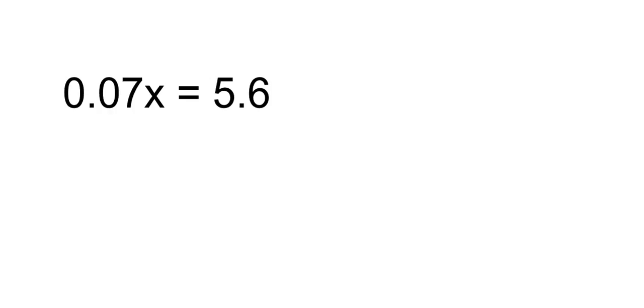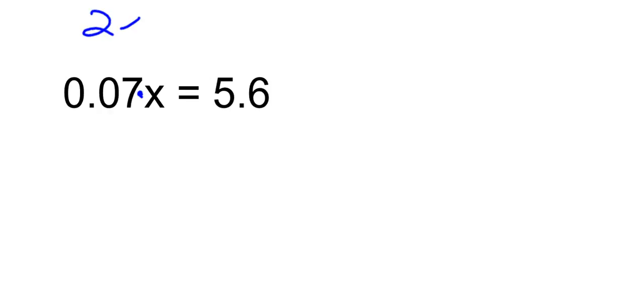What happens when it looks like this? What does that really say? In this case, we have an example of 0.07 times an unknown x equals 5.6. We want to solve for x. To do that, we're going to rearrange our problem with fact families.